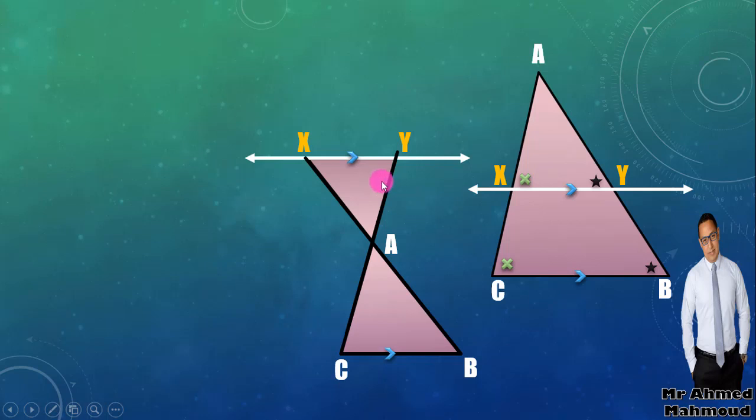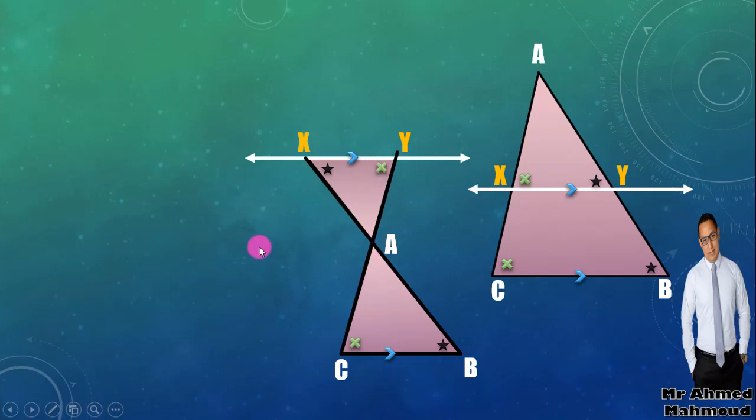This triangle AYX and ABC are similar. Why? Because angle X and angle B form the Z letter; they are called alternate angles. And angle Y and angle C are also a Z letter, called alternate angles. Then the two triangles in that case are similar.